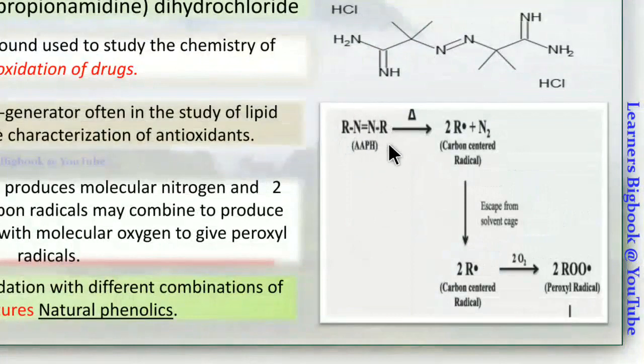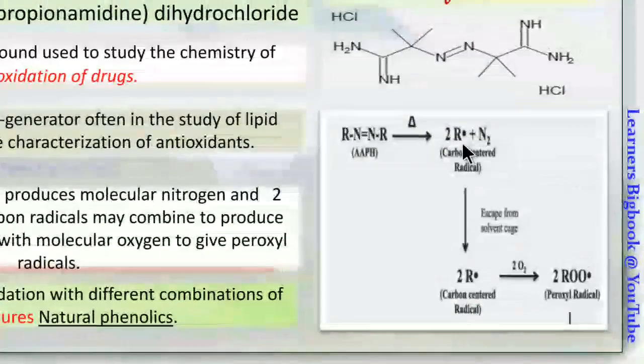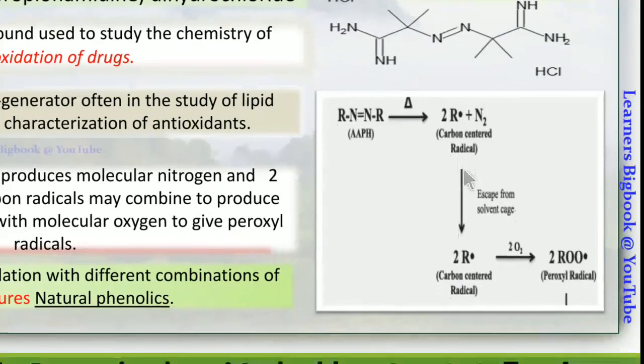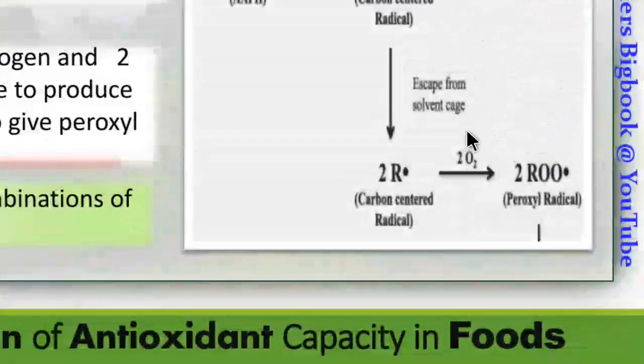So further, when it is decomposed, it is going to give a nitrogen molecule where a carbon central radical will be formed. Further, when it is going to escape from this solvent and is reacted with oxygen, it is the peroxyl radical.